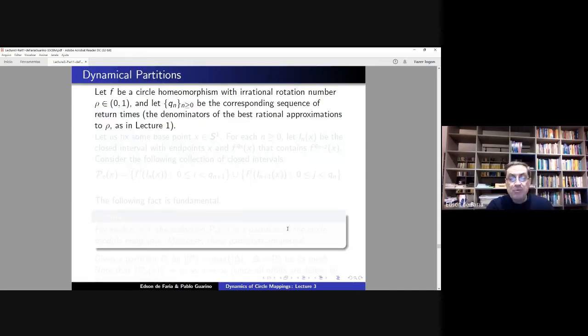All right, so let me move on towards what we call the real bounds, which are an essential result in this area. To do that, first I have to tell you what dynamical partitions are.